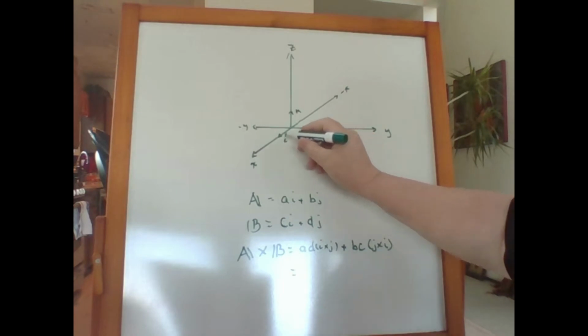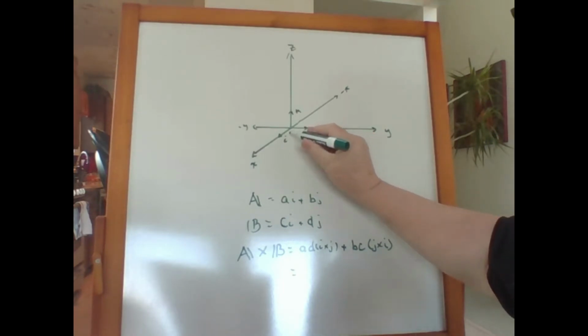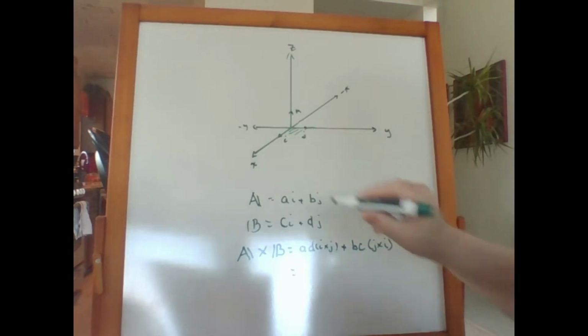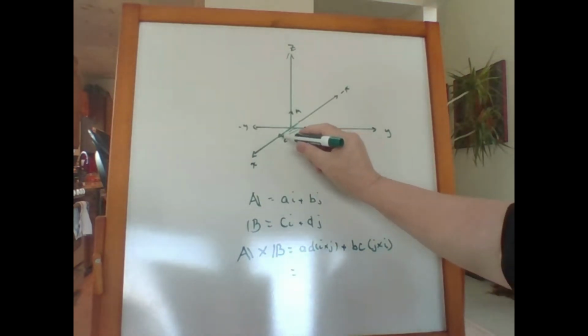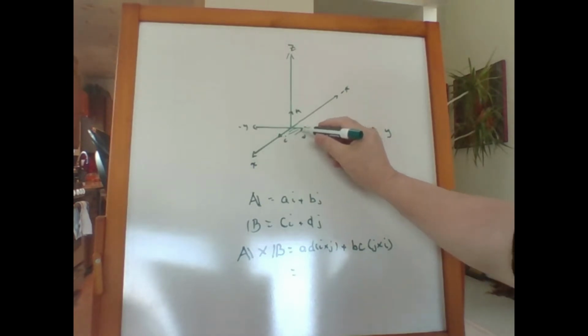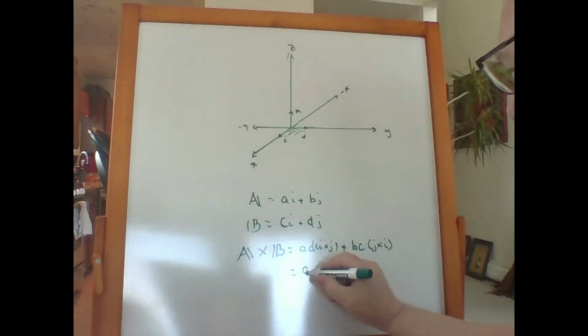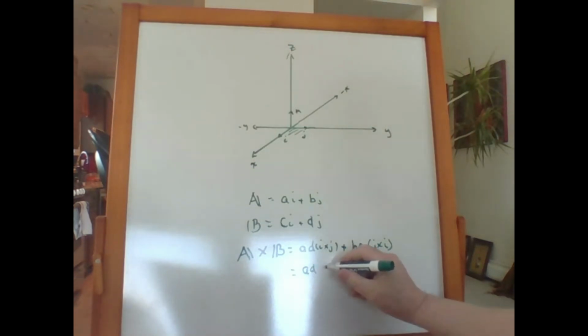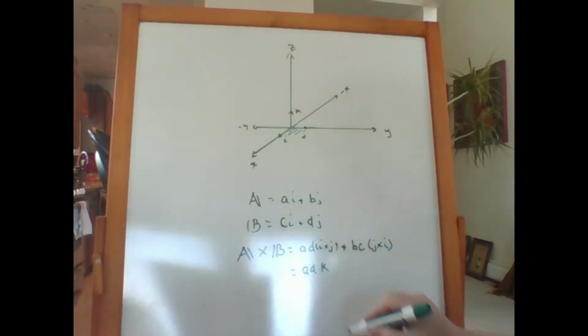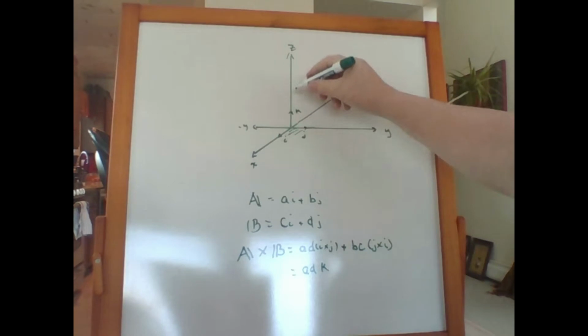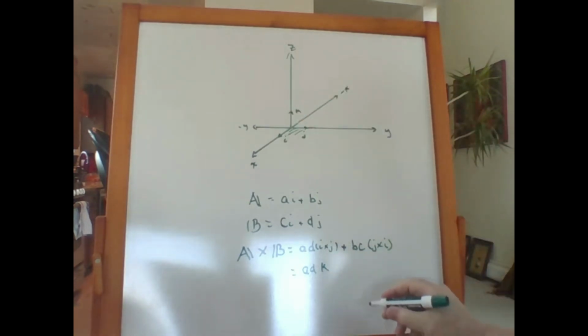So you can see this is the plane that i cross j, if we had a line across there. This is the XY plane. And you could see that ad k is normal to that plane.